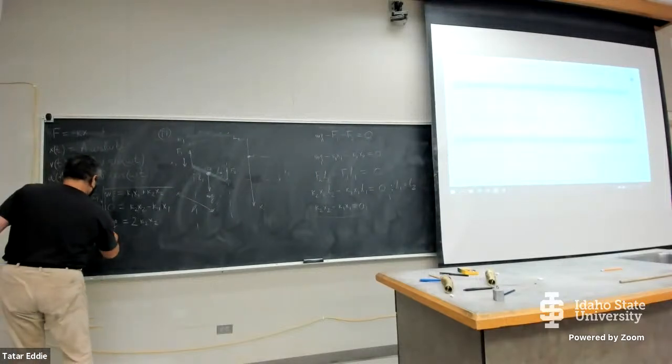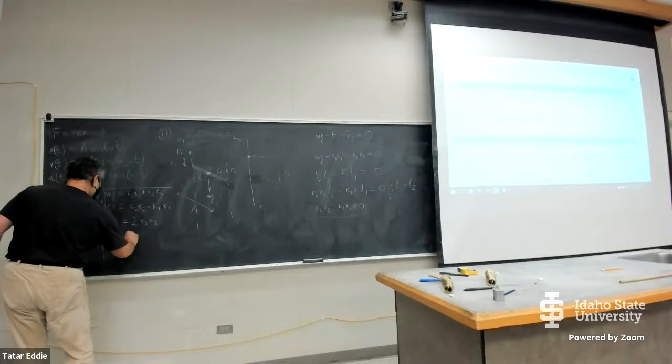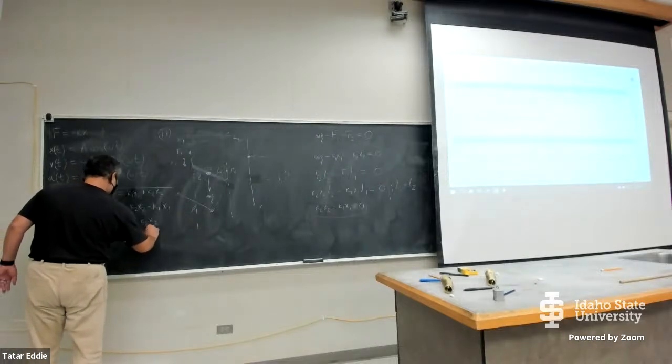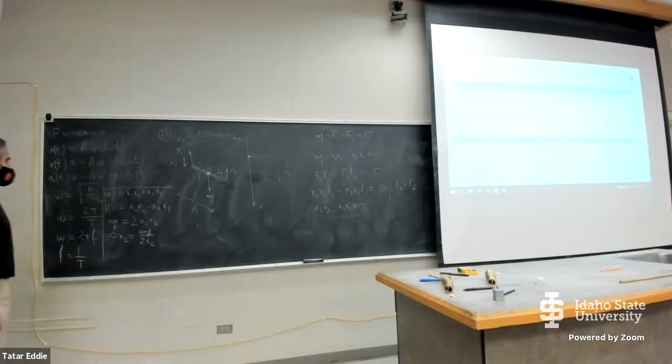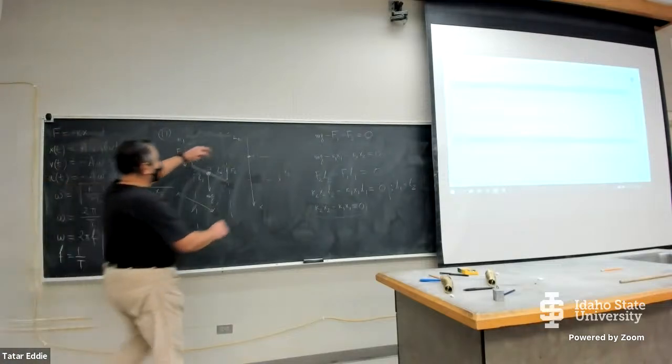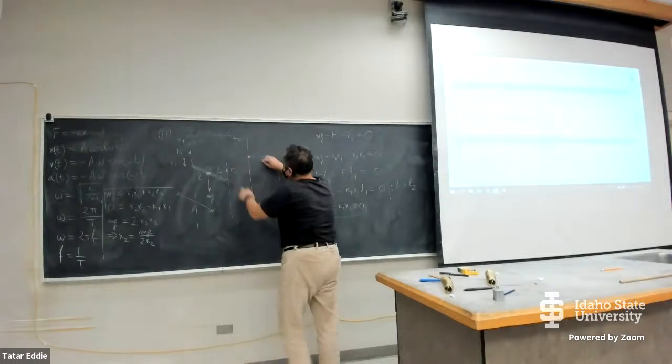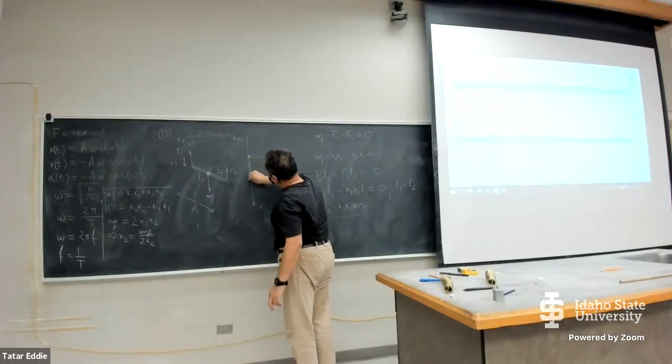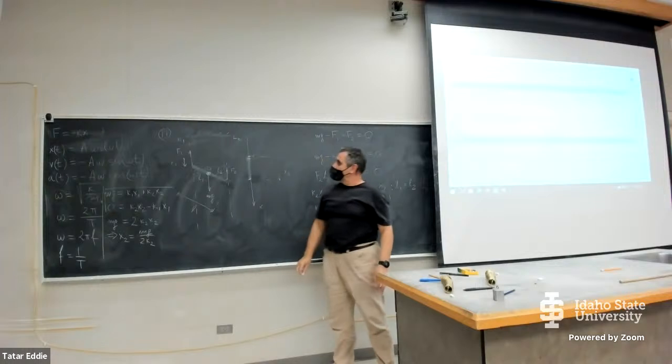And therefore, you can say x2 is equal to mg divided by 2 times k2. Here's one length that I just determined. This is x2, the length that I just determined.